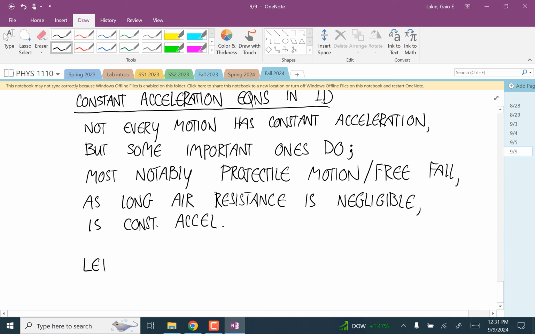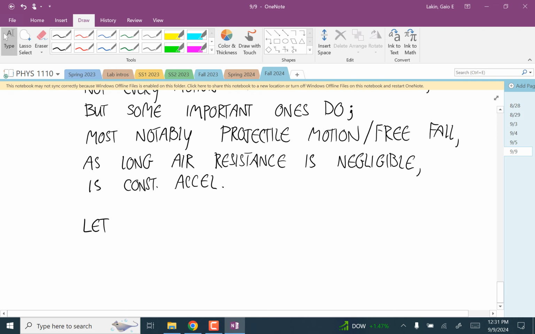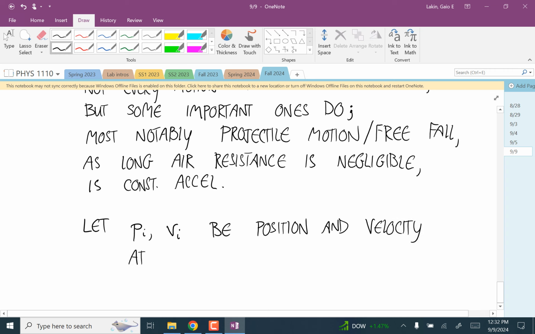I'm going to start by saying we're just defining some variables. Let P sub I and V sub I, so that's the initial position and the initial velocity, be the position and the velocity at time equals 0.